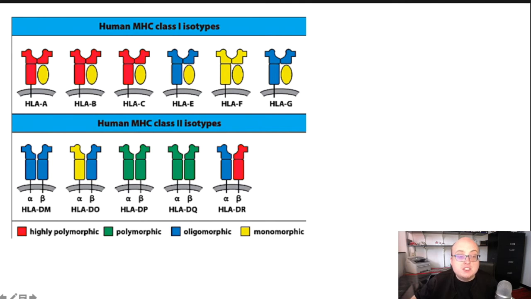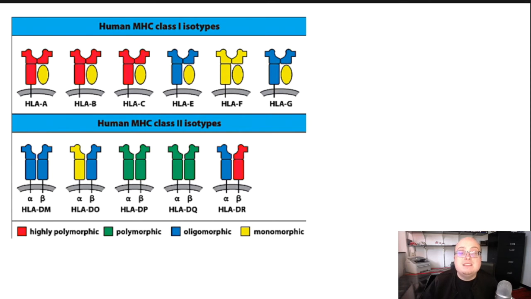So remember that HLA A, B, and C are the main class 1 presenters to CD8 T cells. These are the ones we typically are talking about. The alpha chain, so remember that we encode these with an alpha chain, for all 3 of them is extremely polymorphic. So we have many different possible alleles of MHC class 1.